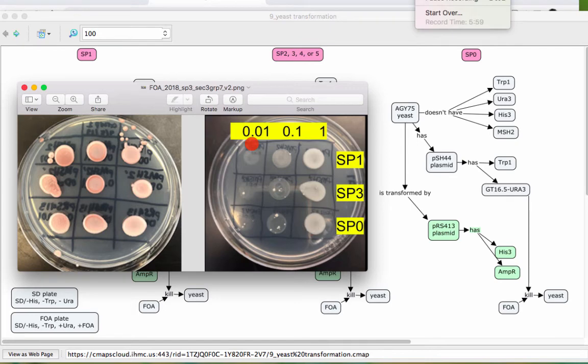And under this concentration, OD 0.01, there are so few colonies in this column that it also makes it difficult to compare the growth pattern among the three yeast strains. So here OD 0.1 is the optimal density for us to make this comparison. And the data could vary from group to group, so having a range here will allow you to pick at least one column to allow you to draw conclusions.